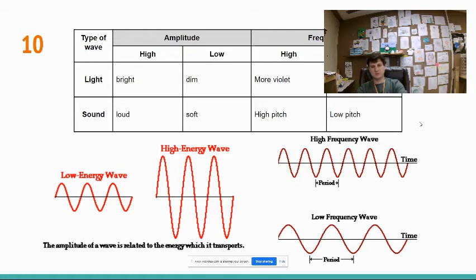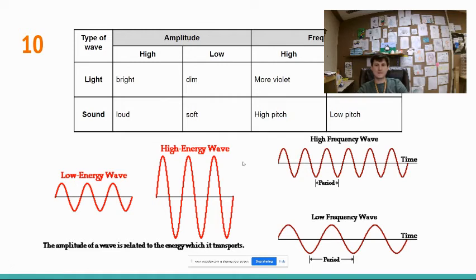It's kind of cool. Same concept can be applied to sound. If you want to have a loud sound, you've got to put a lot of energy into it. Remember, we dropped masses into water and made splashes. The more potential energy you gave it, the bigger the wave. So more energy, higher amplitude. We could have a soft, low amplitude sound wave, and that would be quiet.